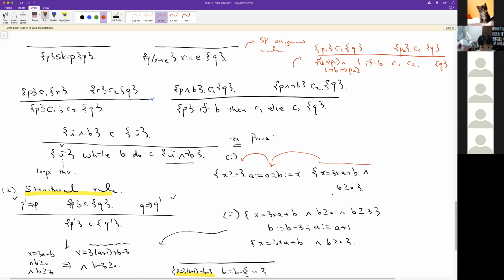So why am I saying all of this? One point I want to make about this logic is that it allows us to prove properties about programs. But there's another very important aspect of what this logic teaches us.